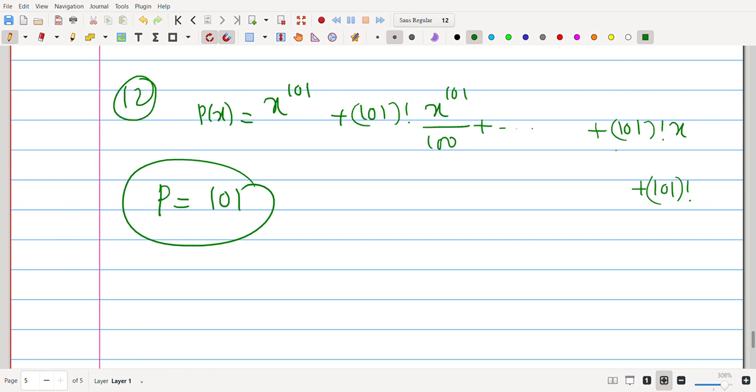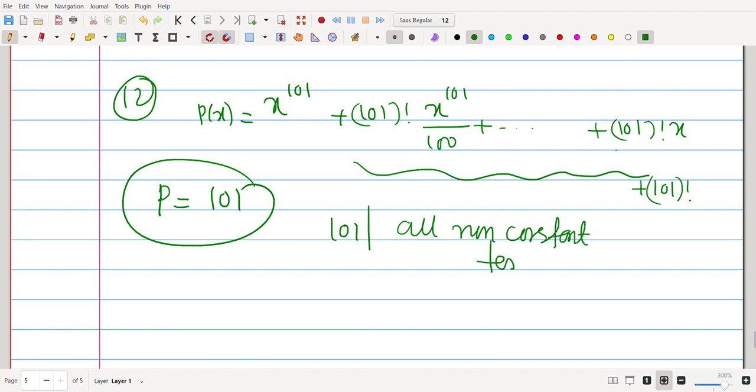Now use Eisenstein criteria. Each coefficient, 101 divides all non-constant terms coefficient, right?